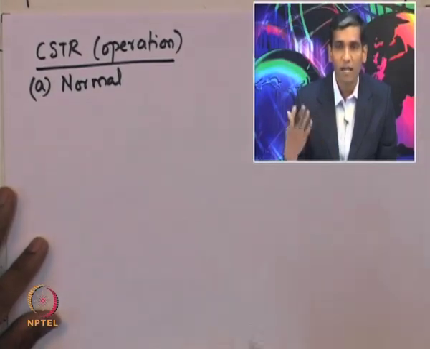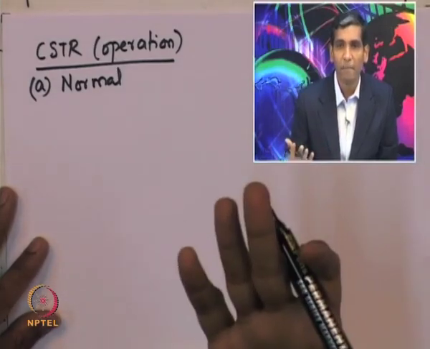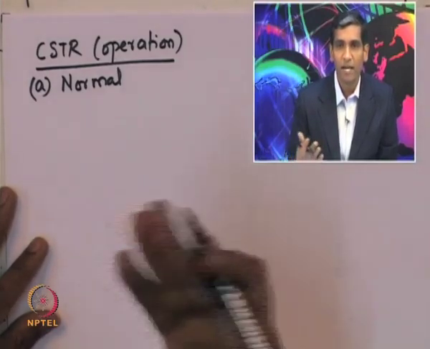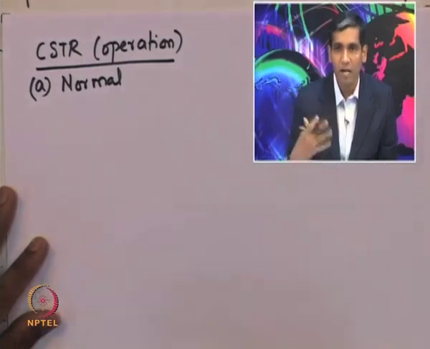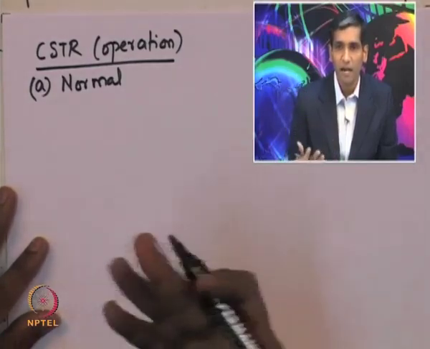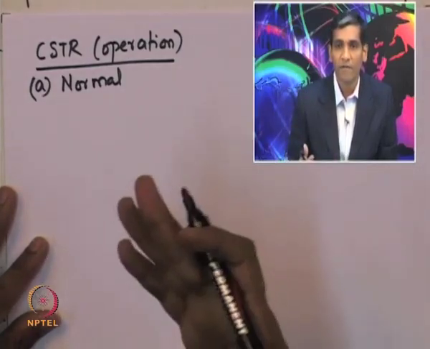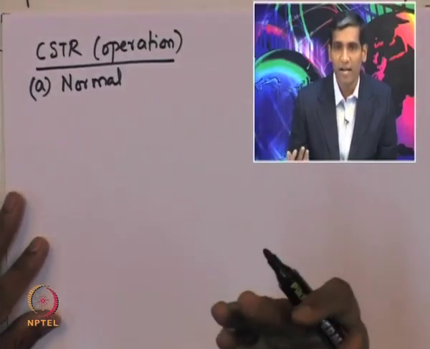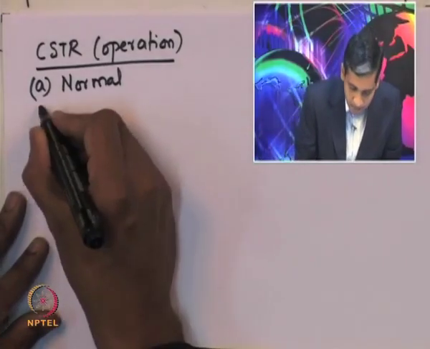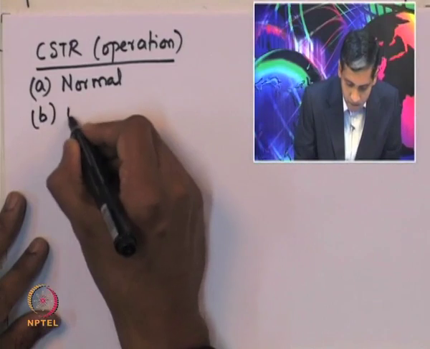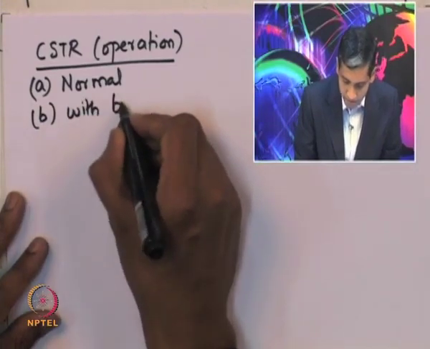It is also assumed that there is perfect mixing in the reactor and no bypass of fluid, which means that all fluid that comes in undergoes reaction, spends a sufficient amount of time inside the reactor, and then leaves the reactor. The second mode of operation is CSTR with bypassing.